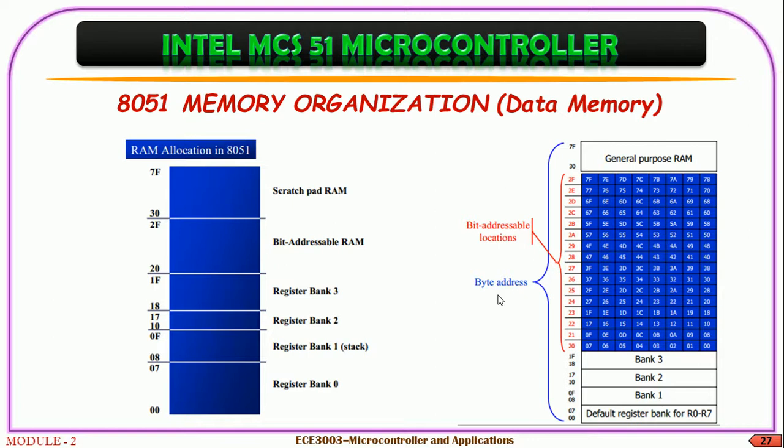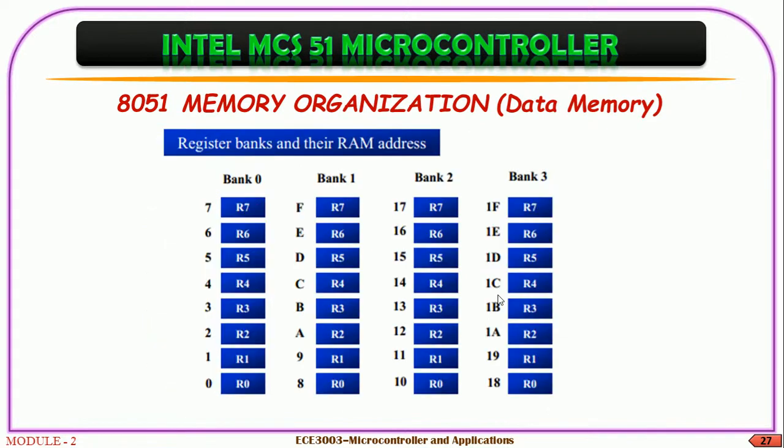So the address of each register bank is given. From 00 to 07 it is register bank 0, then 08 to 0F register bank 1, 10 to 17 register bank 2, 18 to 1F register bank 3, from 20 to 2F it is bit addressable RAM, and 30 to 7F it is scratch pad RAM.